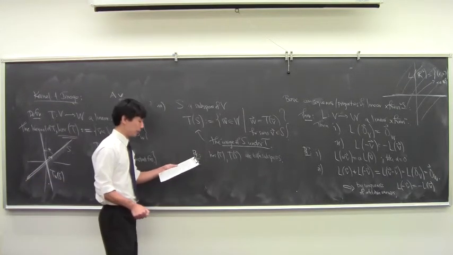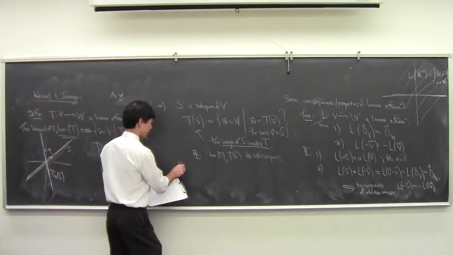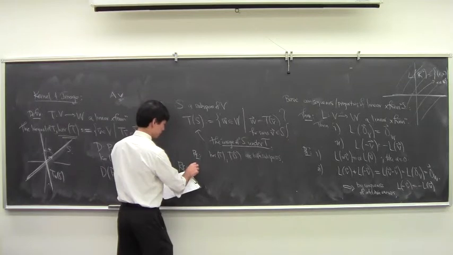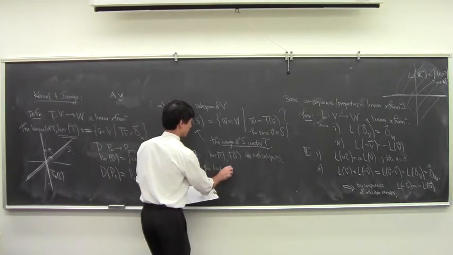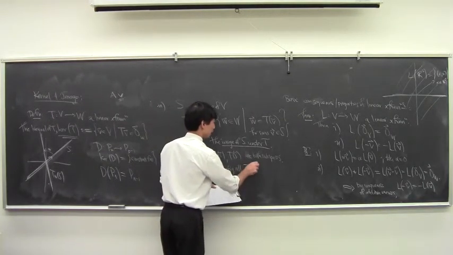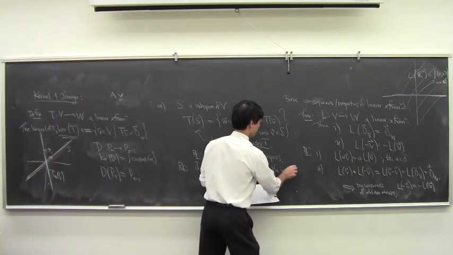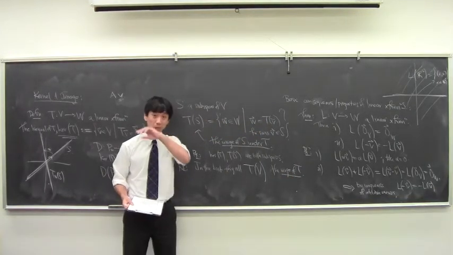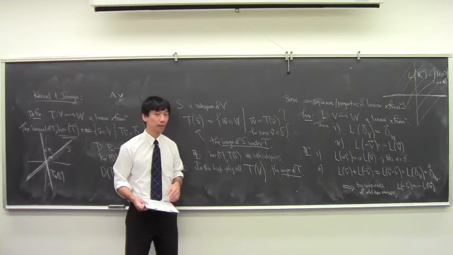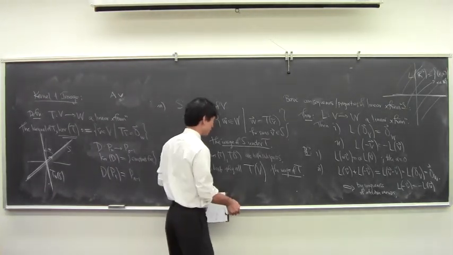Let me just say one last thing. In the book, they call T of the whole space the range of T. That's sort of unusual.